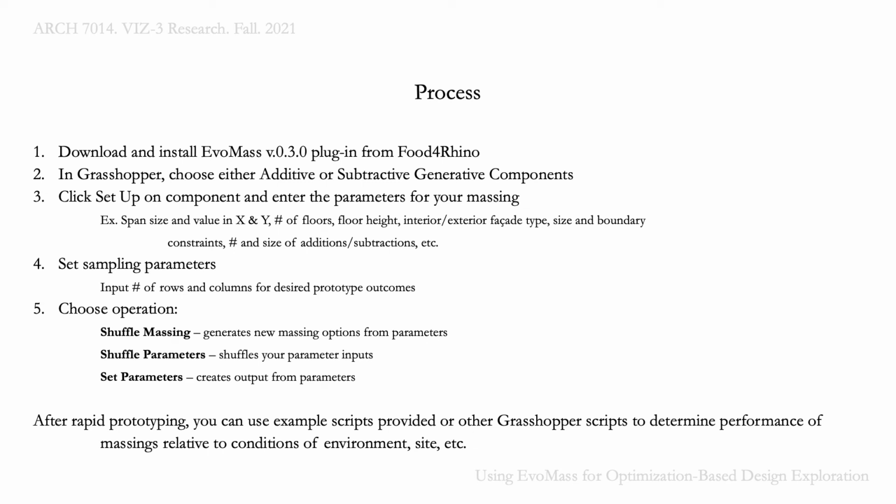That's what's going to create your sampling set or your individual massings. And after rapid prototyping, you can use the example scripts that are provided with the EvoMass download or other Grasshopper scripts to determine performance of massings relative to conditions of environment, site, etc.